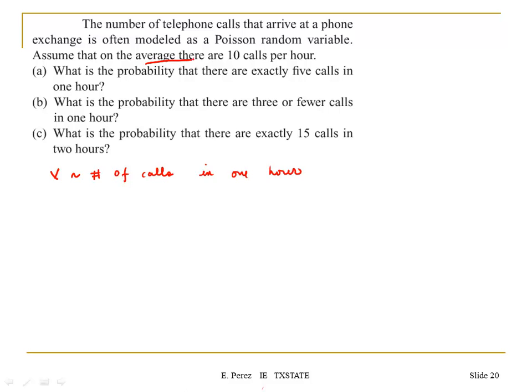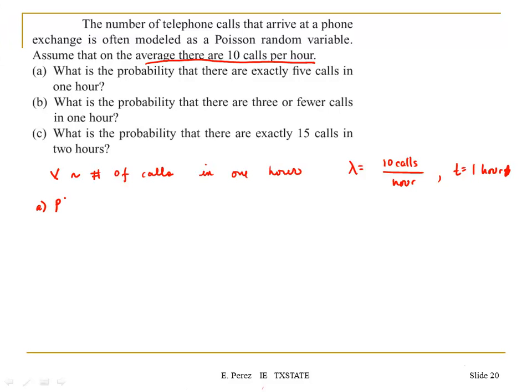And we know that on average there are 10 calls per hour. So lambda is 10 calls an hour, and our time unit is 1 hour. The first part is asking what is the probability that exactly 5 calls in 1 hour.